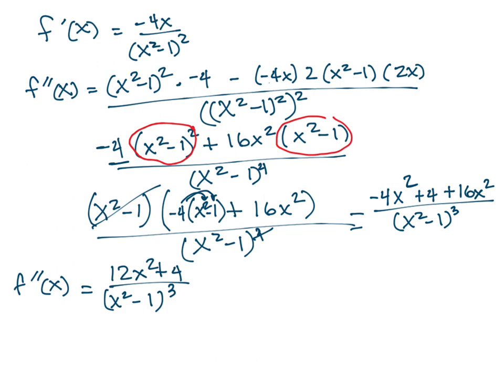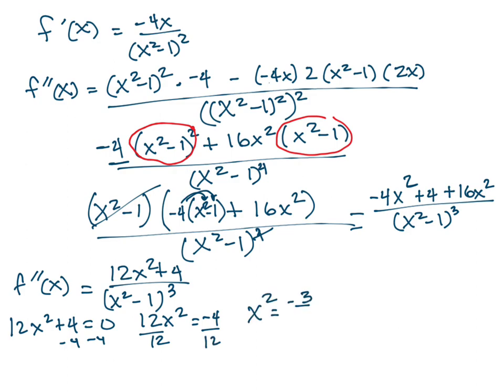And what are we going to do with that? Okay. So equal to 0, that's just the top equal to 0. I have x squared equal to negative 12 thirds, and I quit right there, or negative 1/3.